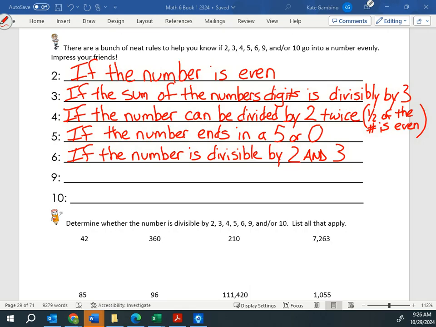So you check for the 2 and the 3. They both have to go into it in order for it to be divisible by 6. So if I have 54, I know it's an even number, so it's divisible by 2. 5 plus 4 is 9, so it's divisible by 3. So I know 54 is divisible by 6.